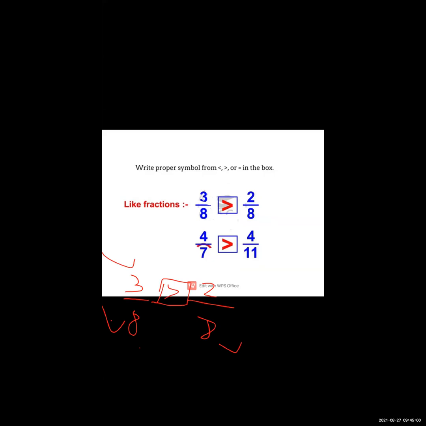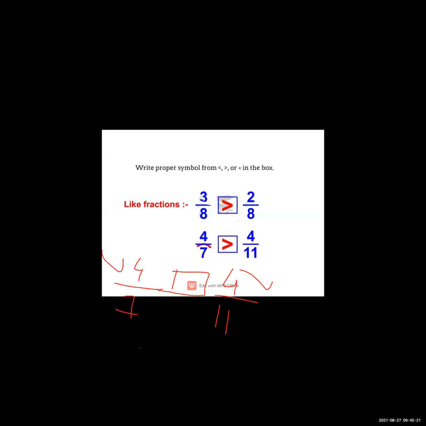But if the denominator is not same, for example, here is the example. You can see 4 upon 7 box 4 upon 11. Here the denominators are not same, here the numerators are same.